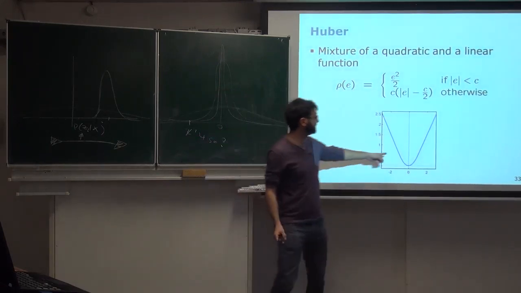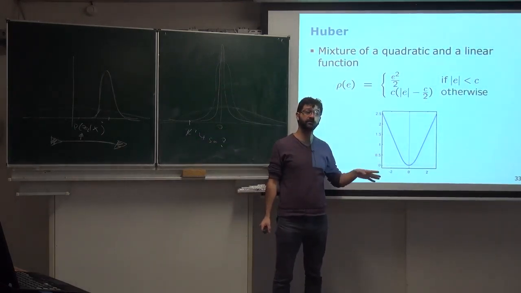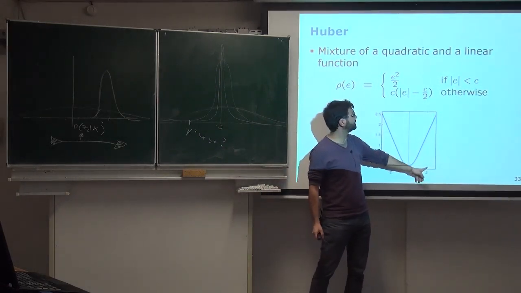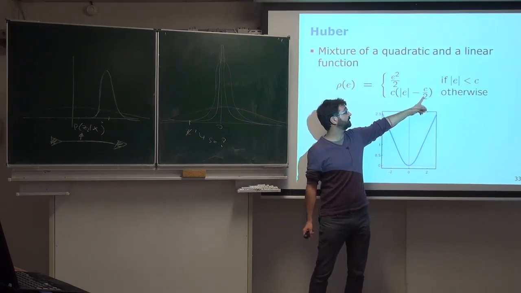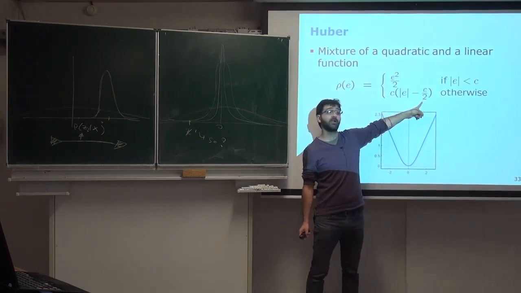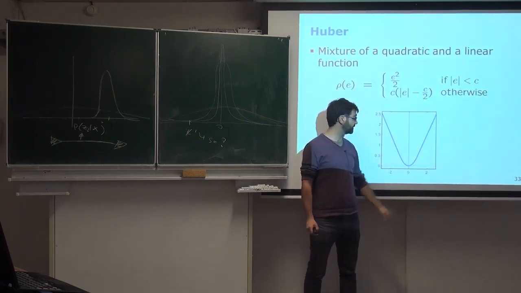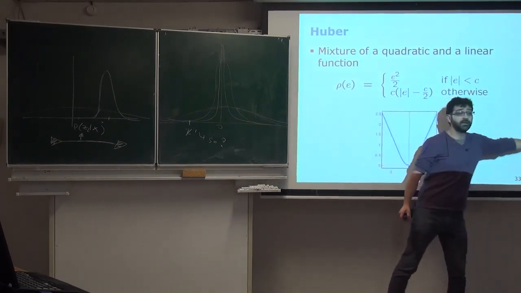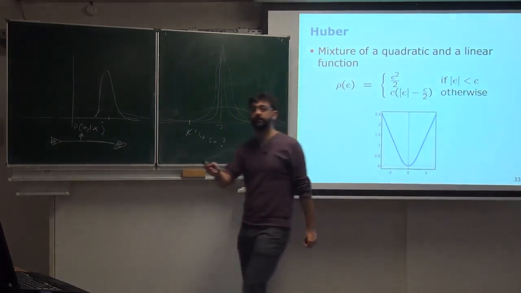The bad thing is that it doesn't really work well if you have big outliers, and that's because once an outlier is bigger than the parameter you put here, the C half, the bandwidth, it's treated the same. It can be here, can be here, it can be there, it will have the same effect. Okay?